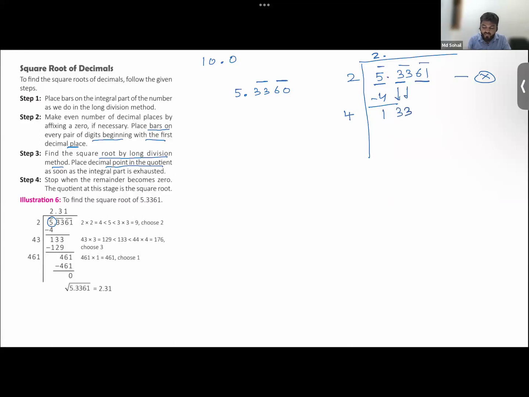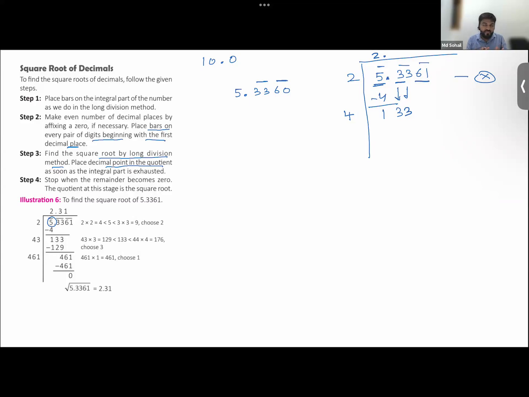The only new thing here is placing the decimal point in the quotient. Since the decimal was placed after 5 and you are done with 5, you will place the point after 2, and the rest of the steps are the same.